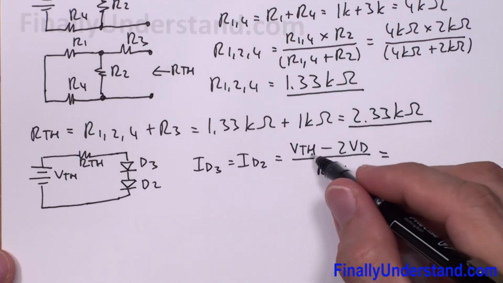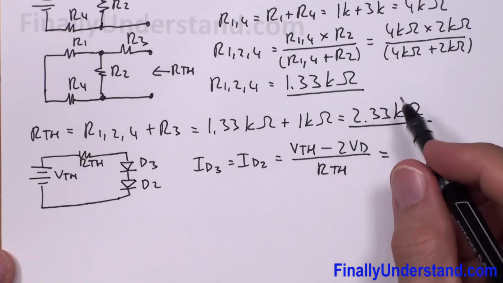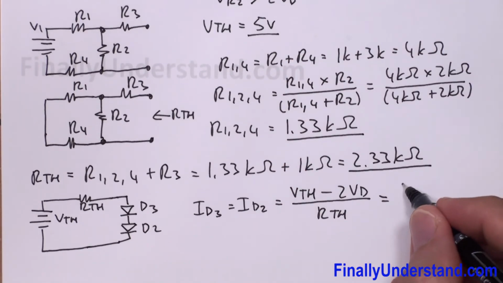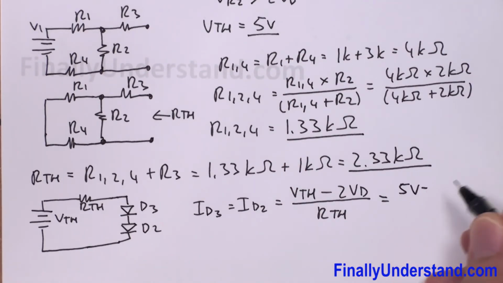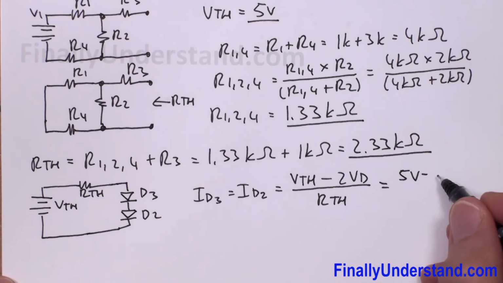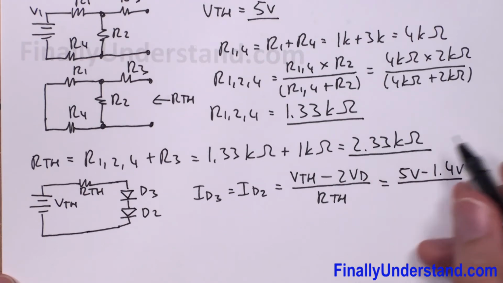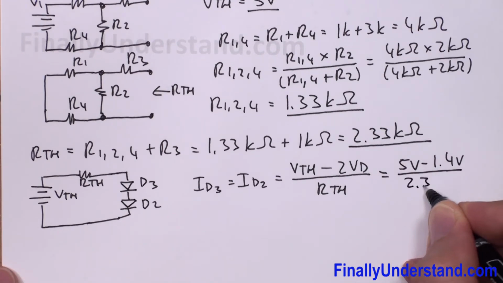So VTH is equal 5 volts. We found this over here. So 5 volts minus 2 times 0.7 is equal 1.4 volts over RTH. We found 2.33 kilo ohms.